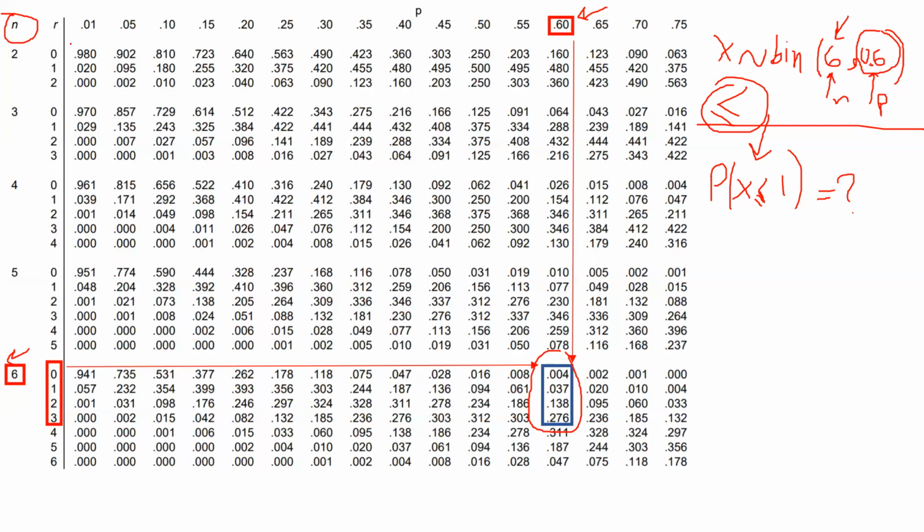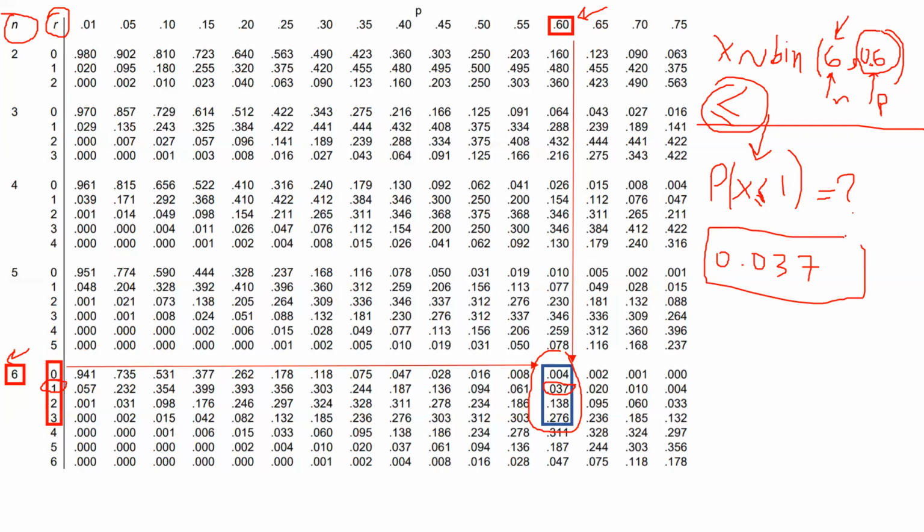So I take a look. Here it is denoted by r, but not always is this the case. Just know it could also be denoted by x. So x less than or equal to 1 means that you should look for this. So that's the intersection. The final answer should be 0.037.